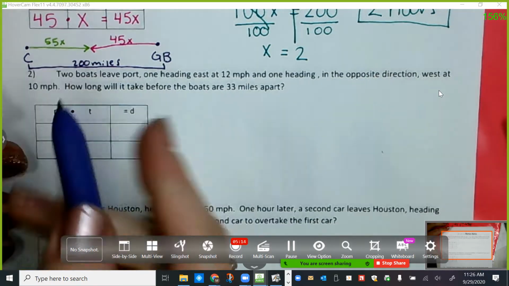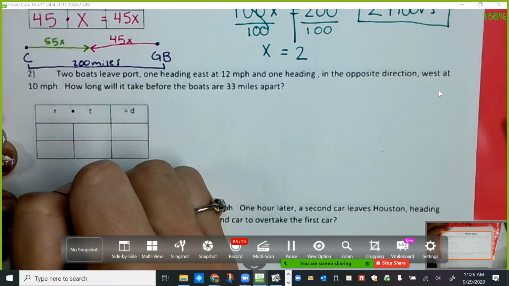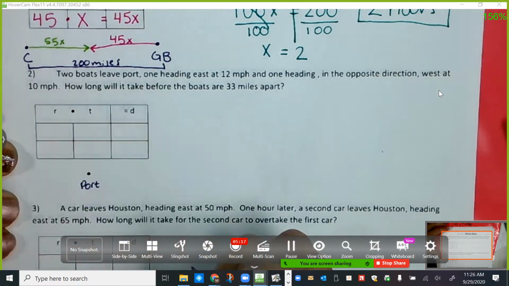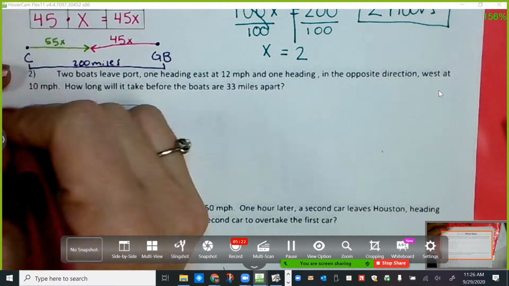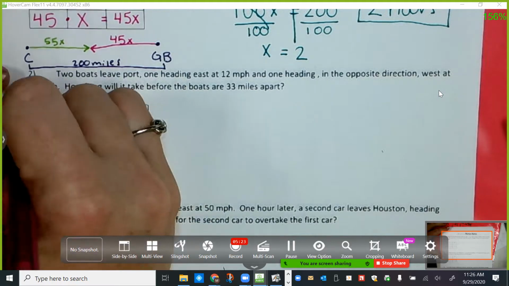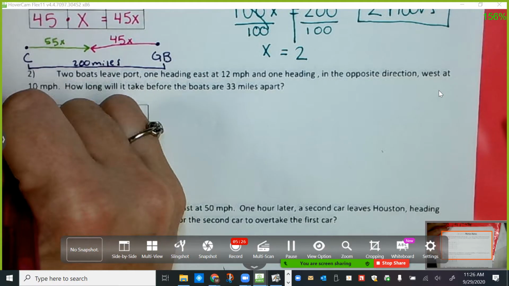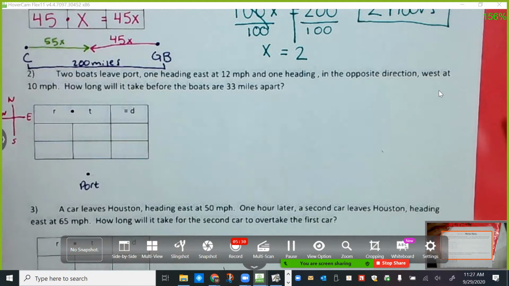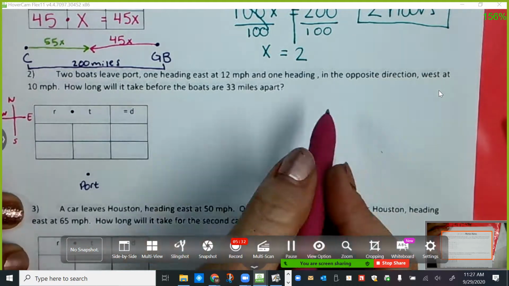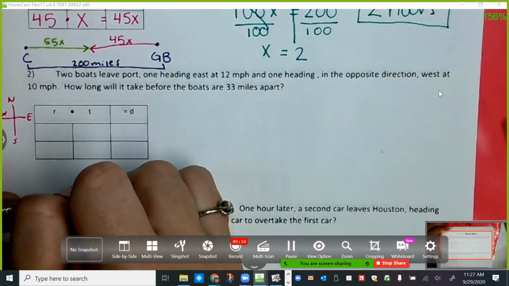So we know that they both start at port. Okay? Do you remember never eat sour watermelon? Okay, so we know that east is the first one and it's going 12 miles per hour.